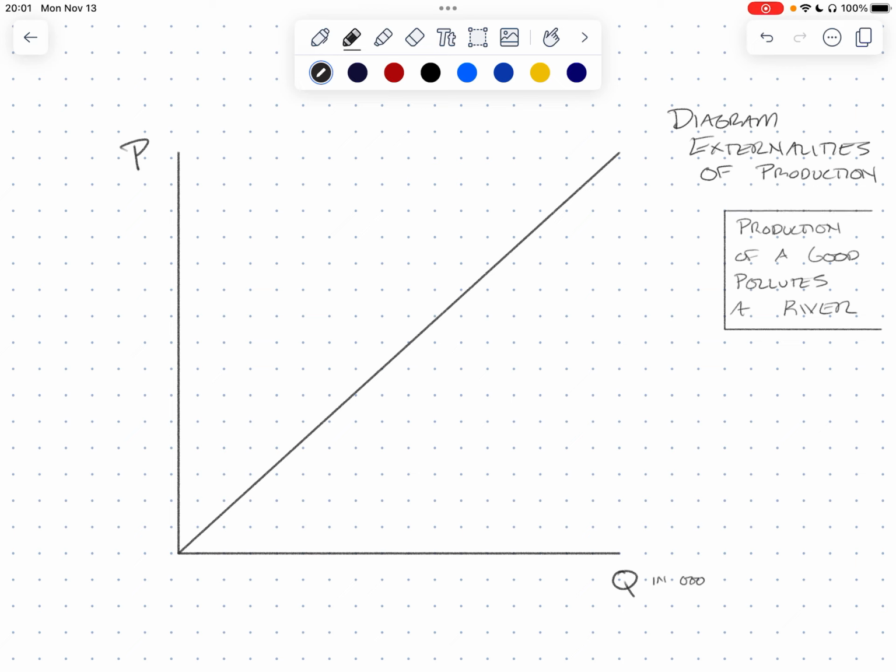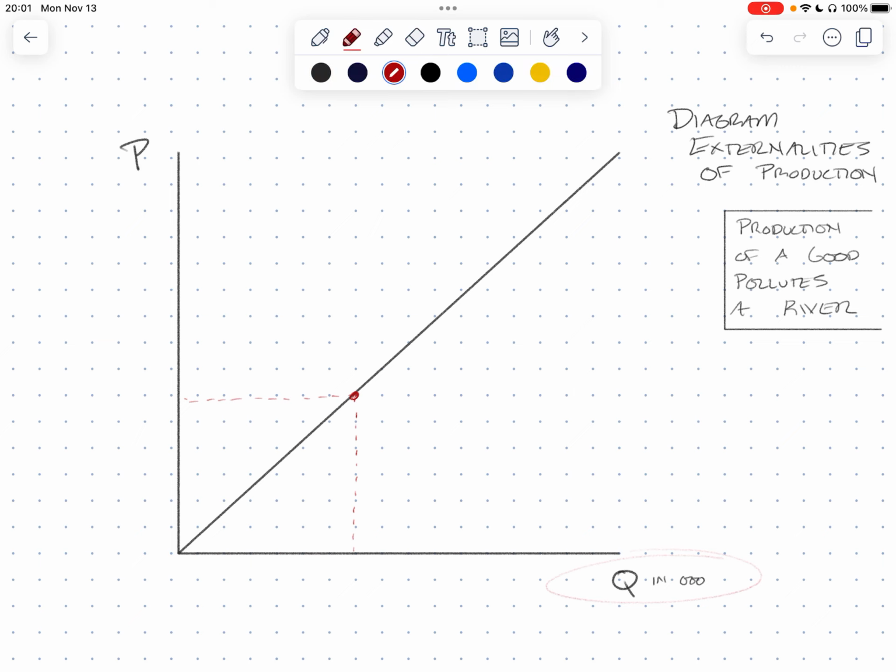So let's see if our understanding of the supply curve can give us an understanding of how we would diagram this situation. Now, we know as we look along the supply curve that we might have a point here. And this point, just like any point on the supply curve, tells us the quantity of the good that producers are willing and able to produce at the given price level in a given period of time with everything else remaining equal.